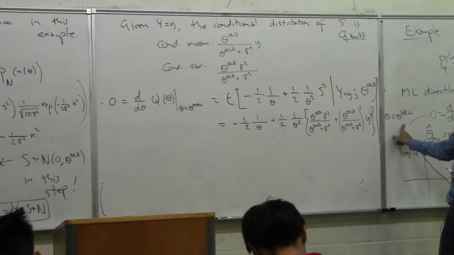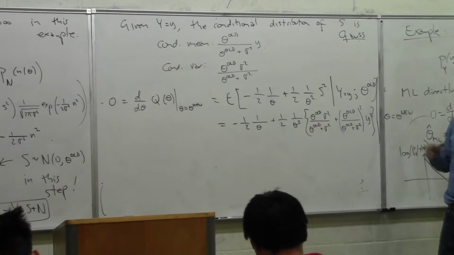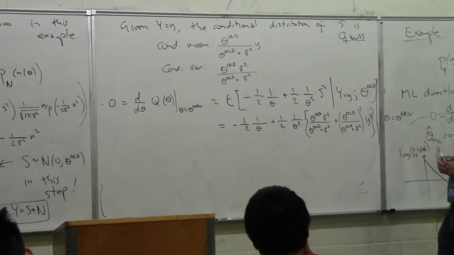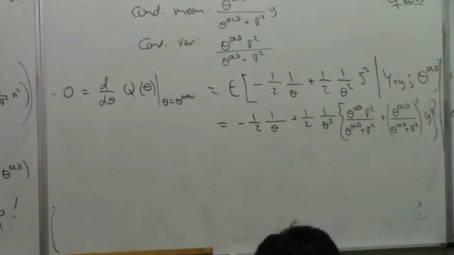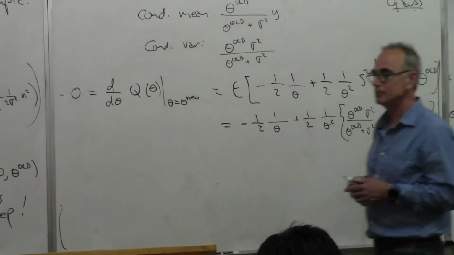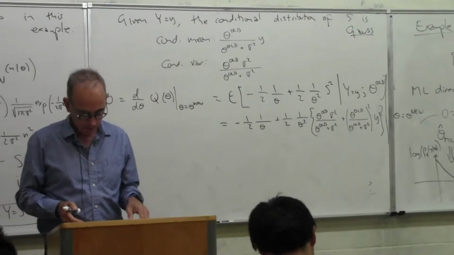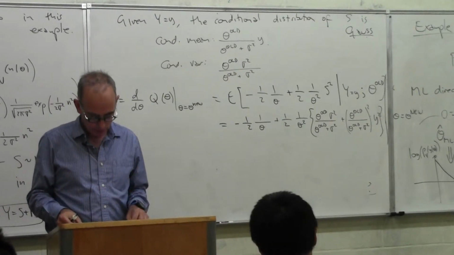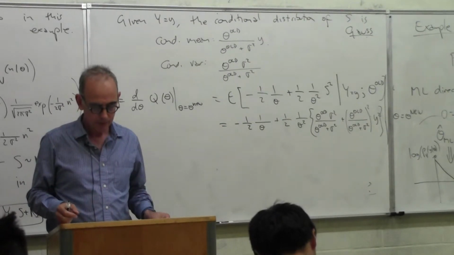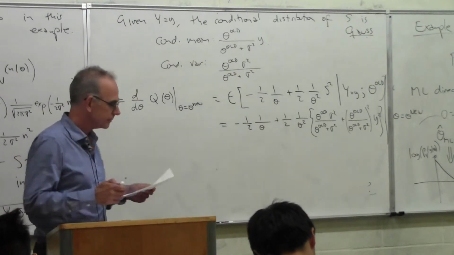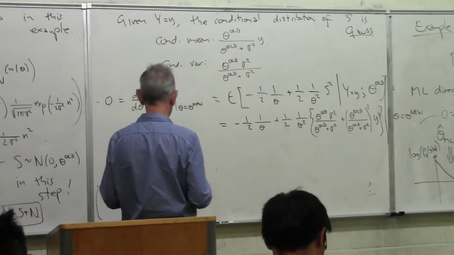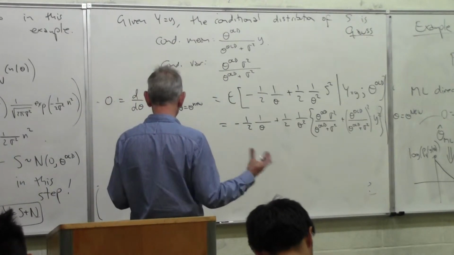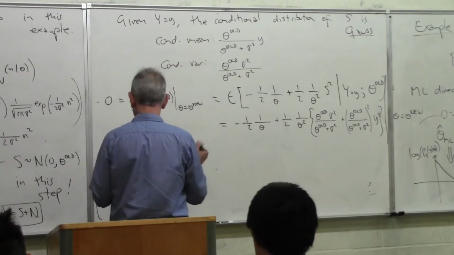That's the definition of theta new. And assuming that there's a solution, solving for this, we get theta new. And there you have it. And it turns into, if you unravel this whole monster, here's what you get.